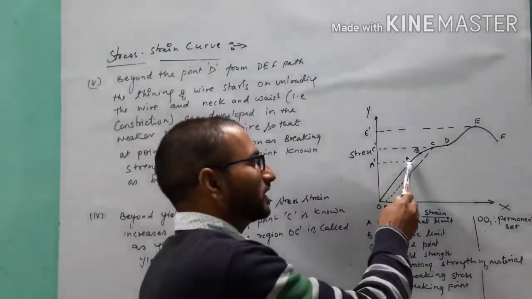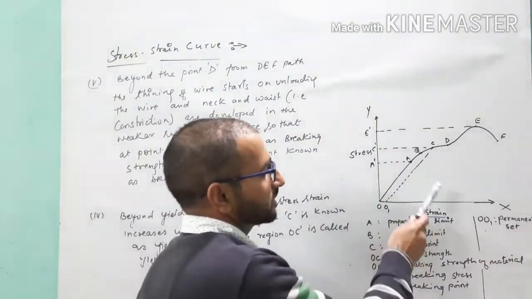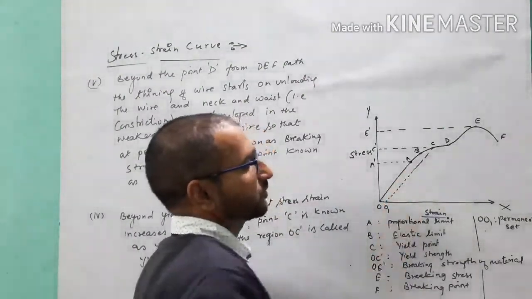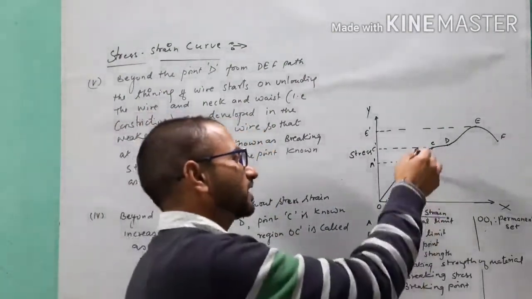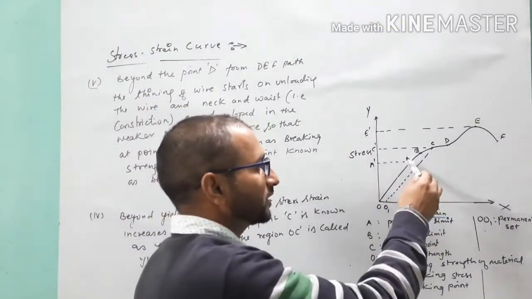And beyond this point A, if we increase the value of stress, the strain increases more as compared to stress. But at point B, if we remove the deforming force, the body regains its original configuration, meaning it follows the path BAO.